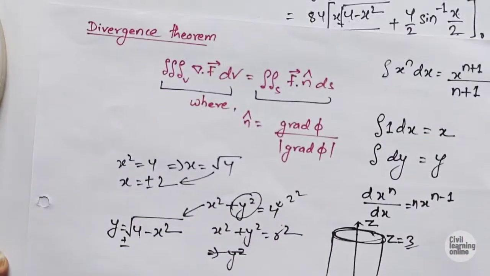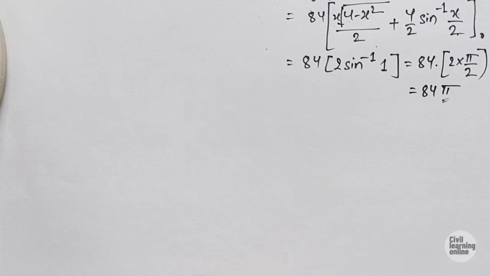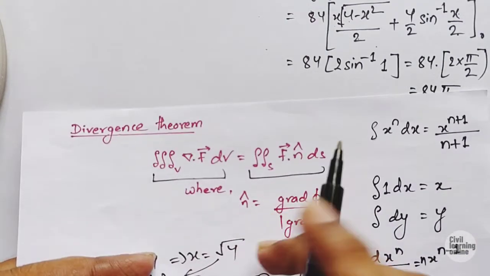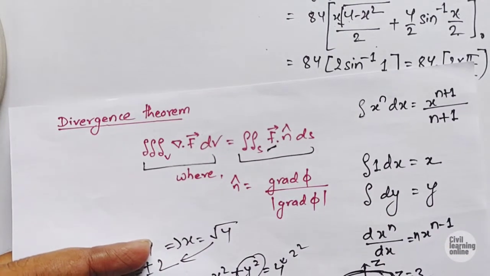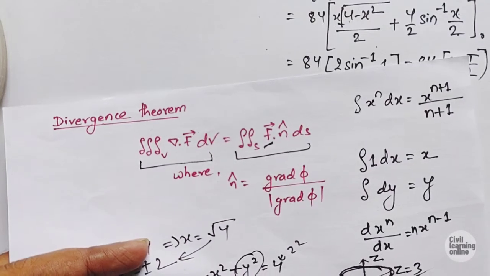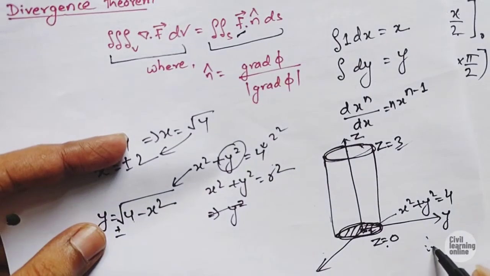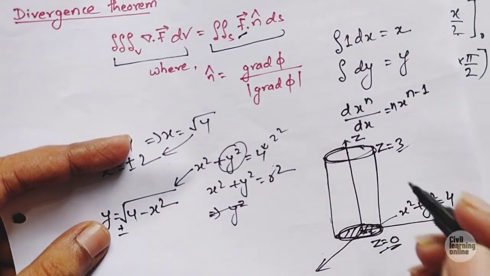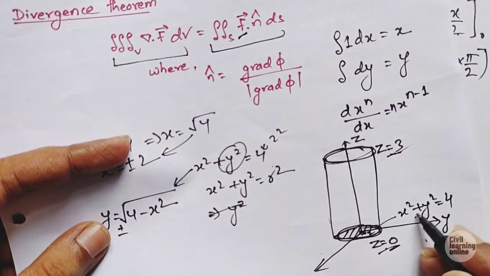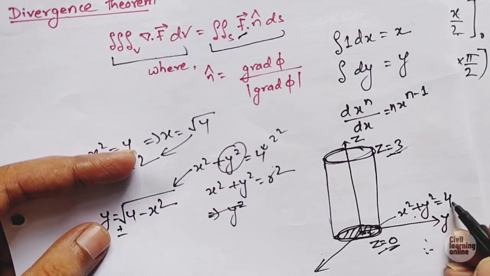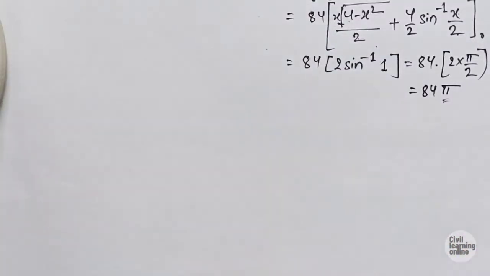There are three surfaces, so we need to find the surface integration of this vector f three times: for the lower surface at z equals 0, for the upper surface at z equals 3, and the third one will be for x square plus y square equals 4. We will be doing each and every step.